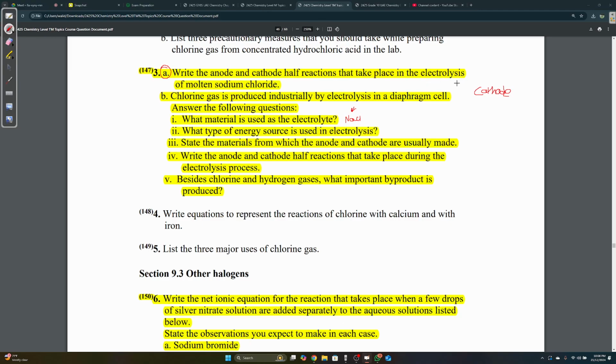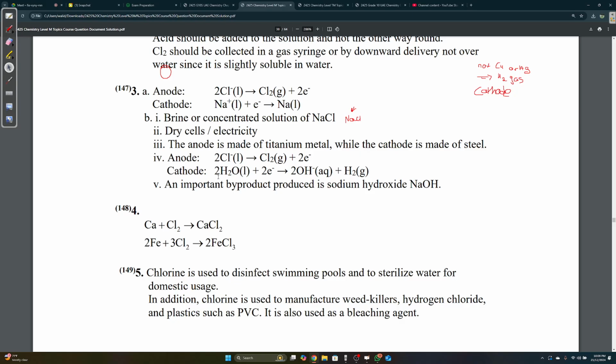And remember, at the cathode, if it's not copper or silver, then what's going to be produced? Hydrogen gas. Always. Now, you need to memorize the reaction for hydrogen gas being produced. If you want an easy way to memorize it, you're always starting with water. Any solution contains OH minus and H plus. You're starting with water inside the solution because it's an NaCl solution, so there's some water in it.